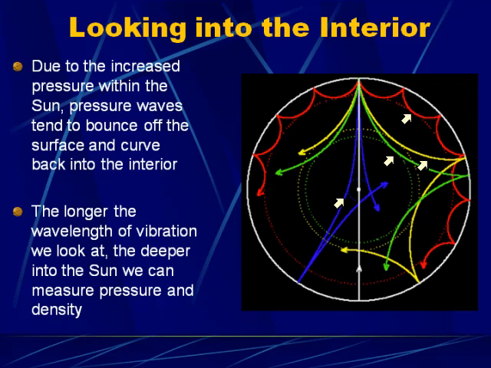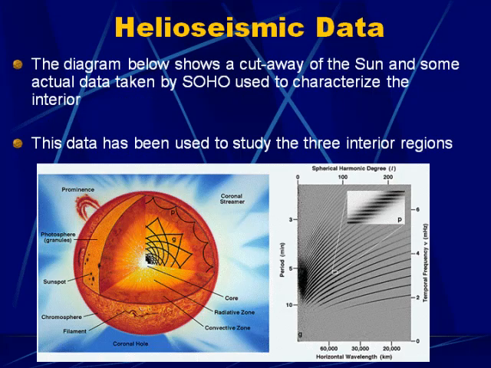To get these really long wavelength waves, we had to watch the Sun for an extremely long time, maybe days, maybe weeks. And SOHO was one of the few instruments that is able to do this. The Sun never sets for it. It's always staring at the Sun. And by analyzing this helioseismic data, we can tell exactly what's inside.